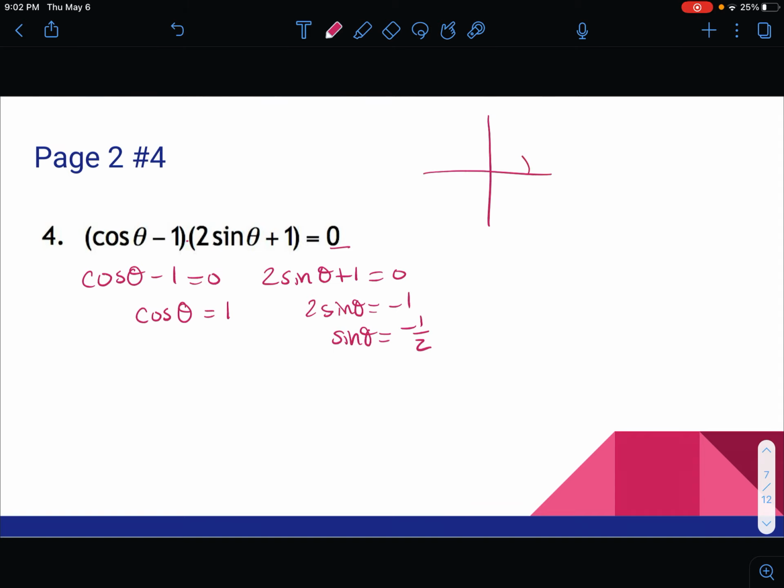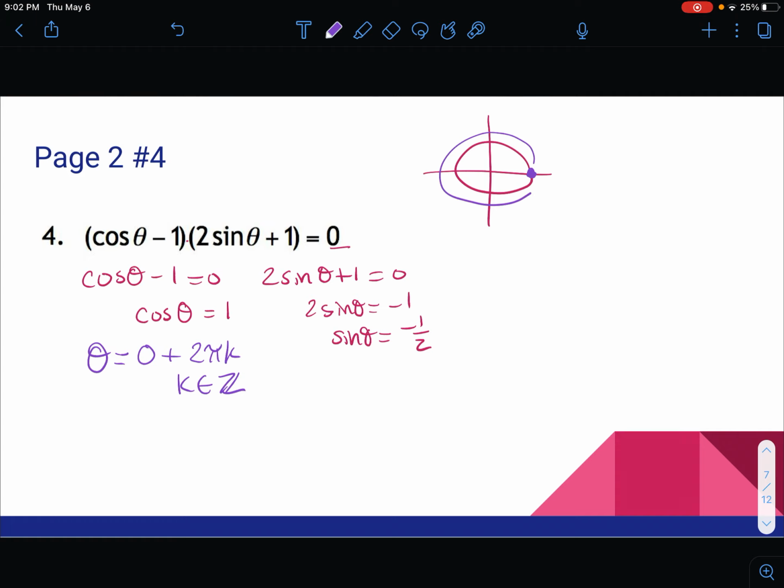Let's think of our unit circle. That looks more like a unit oval. Cosine of an angle is 1. So that is going to be right here at 0 radians. So we can say, okay, theta is 0 plus 2 pi k, where k is an element of the integers.